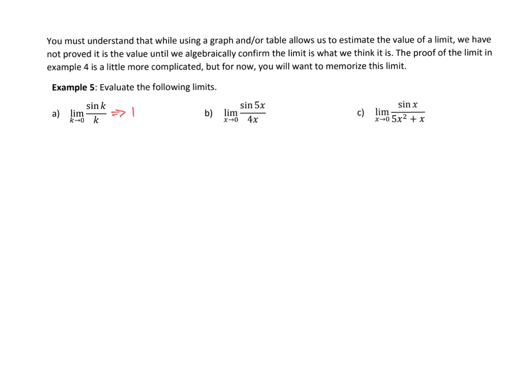So now I have a limit as x approaches 0 of sine of 5x over 4x. Now, I have a sine of 5x, so I want 5x on the bottom. Does that make sense? All right, because I want just a variable. So I want 5x on the bottom. But if I do that, I still have a 4.